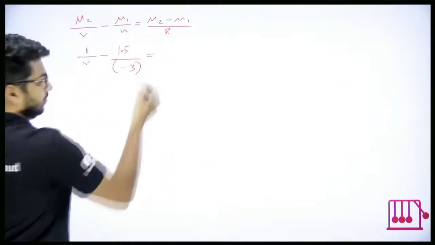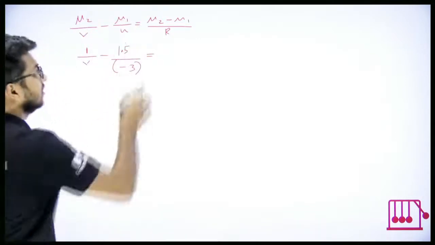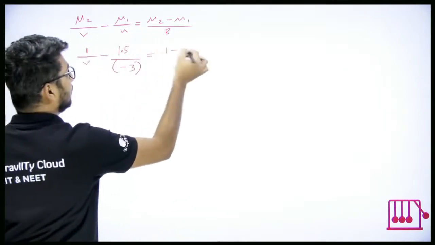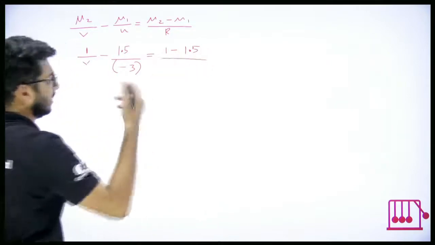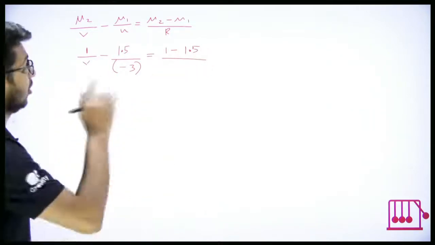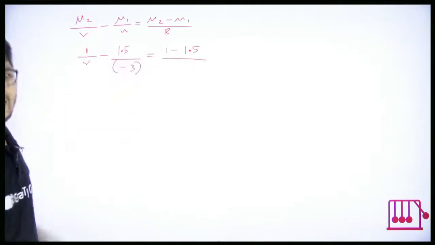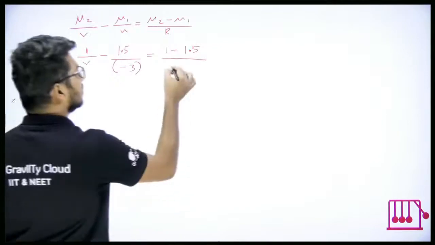Is equal to, mu2 is 1, mu1 is 1.5. So order is necessary. So mu2 is 1 minus 1.5. It can come negative or it can come positive, does not matter, but the order is very, very important. Then what is r? R is minus 5 centimeter.